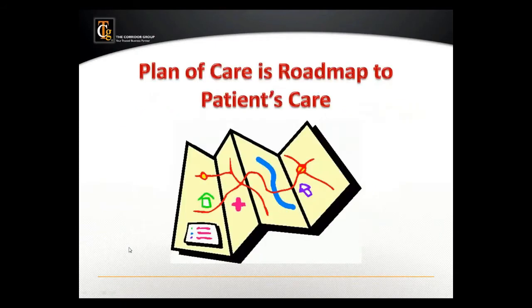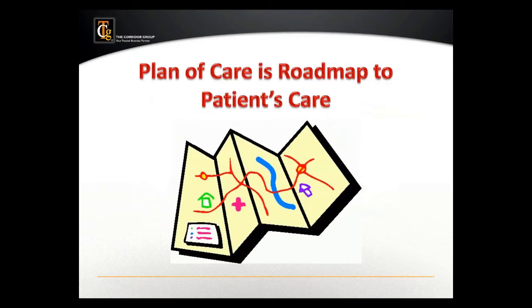So the plan of care really is the roadmap for the patient's care. And as such, hospices should be providing care as it is stated in the plan of care and should be building the plan of care on a firm foundation, which really is the patient's initial and comprehensive assessments.